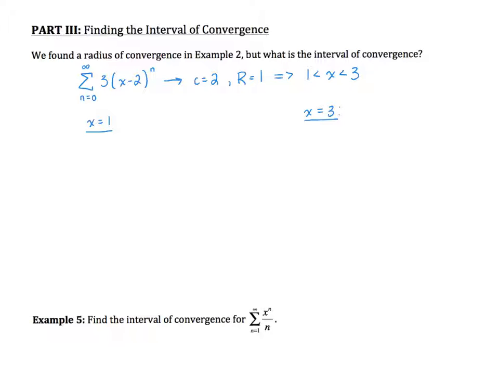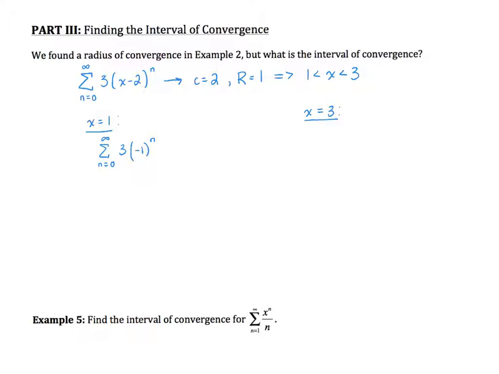So in the case where x is equal to 1, we generate the series 3 times 1 minus 2 to the n, so negative 1 to the n. And if you can just tell that a series is going to diverge, certainly do it. You just list out the terms and you're going to get 3 minus 3 plus 3 minus 3. That's going nowhere in particular.